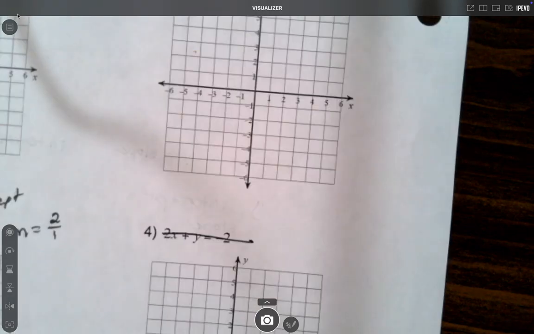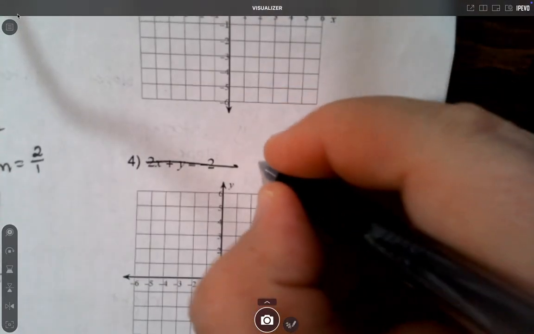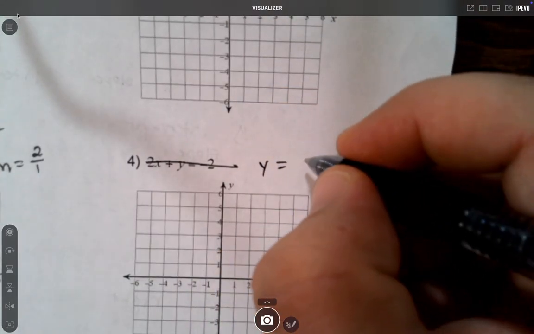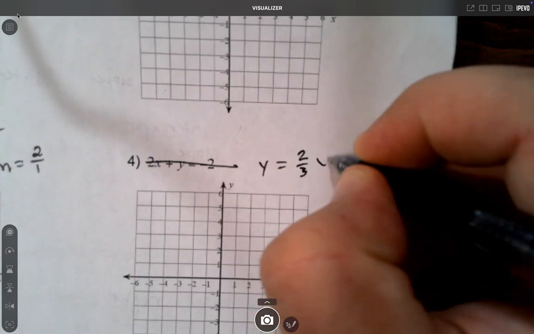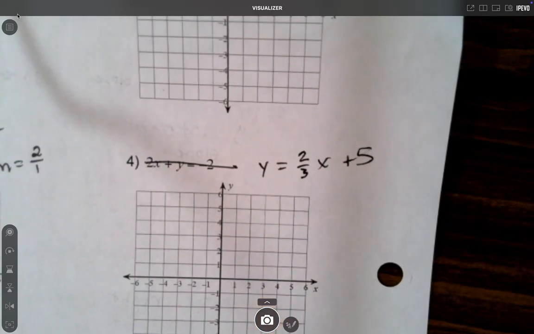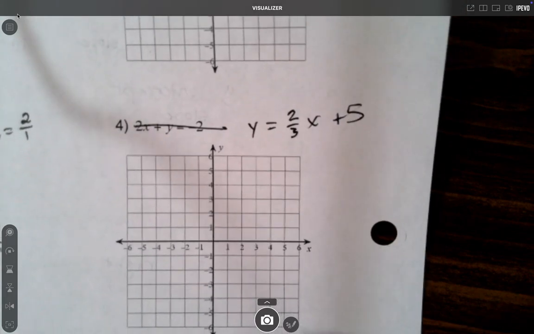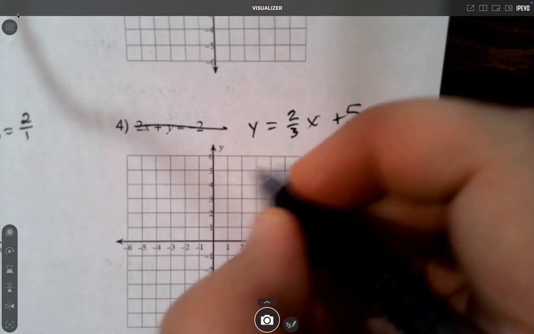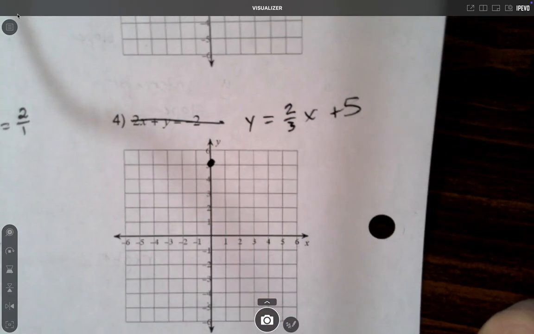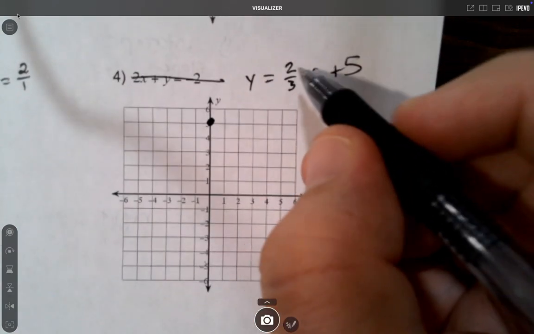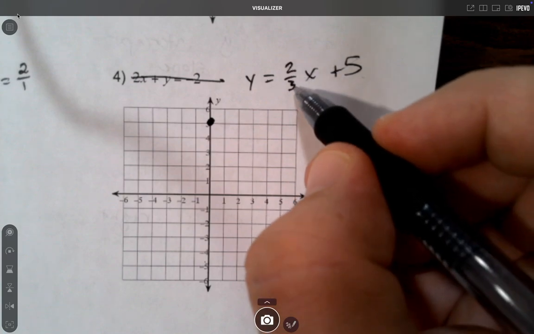Let's say we had y equals 2/3 x plus 5. We'd start with the y-intercept, 5, on the y-axis. It's positive 5. And the slope is 2/3, so that tells us to go up 2 and to the right 3.